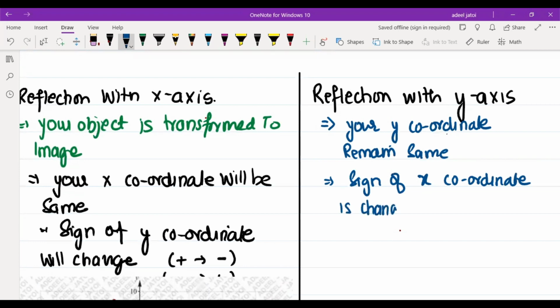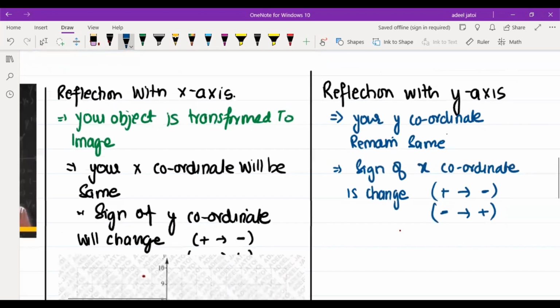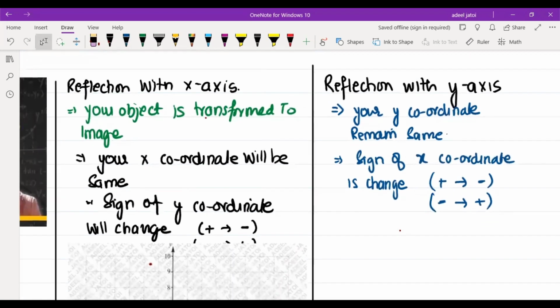If it is positive, it will be changed to negative. If it is negative, it will be changed to positive. So in reflection in the y-axis, your y coordinate remains the same and the sign of the x coordinate is changed.